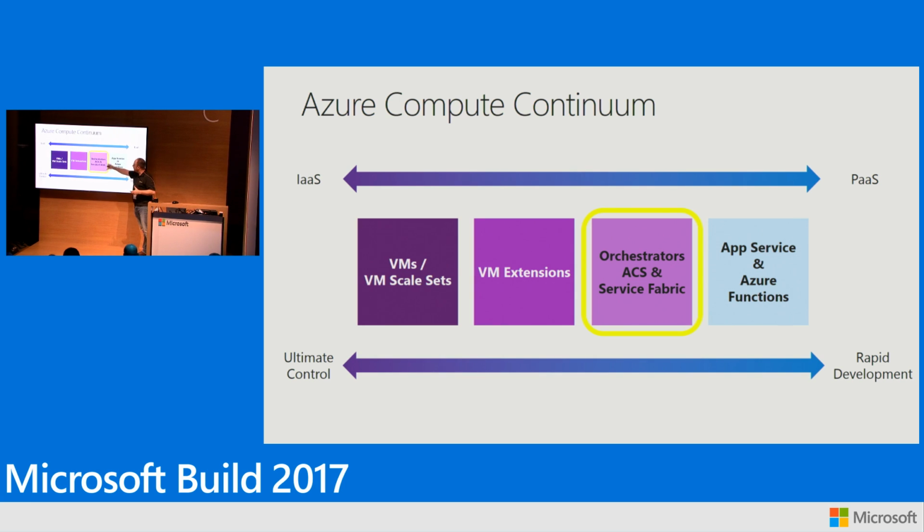And then for that, you have orchestrators, either Azure Service Fabric, that can also use containers, or you also have ACS, or Azure Container Service, which is the infrastructure to use either Docker Swarm orchestrator or Kubernetes orchestrator or Mesos orchestrator, right?